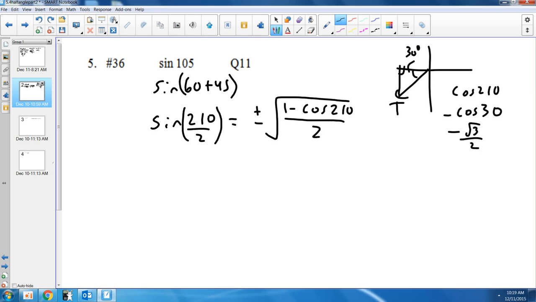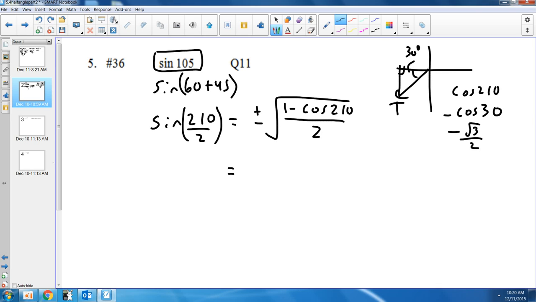So at this point, you can go ahead and substitute in. And I can also think about the positive or negative sign out in front of that radical. The angle here is 105 degrees. That means I'm evaluating what the sine of 105 is.